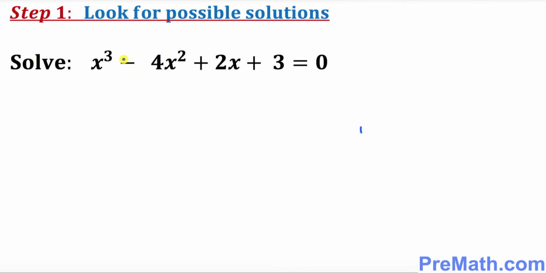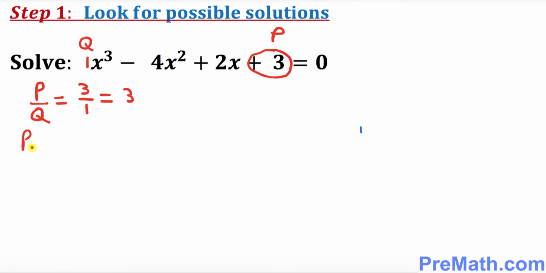So the very first thing you need to do is look for your leading coefficient, which is of course going to be a 1. Now I want you to put down this leading coefficient as Q, and this number over here, I want to say P. So what we got right now, P over Q, is going to be how much? 3 over 1, which is going to give you 3.